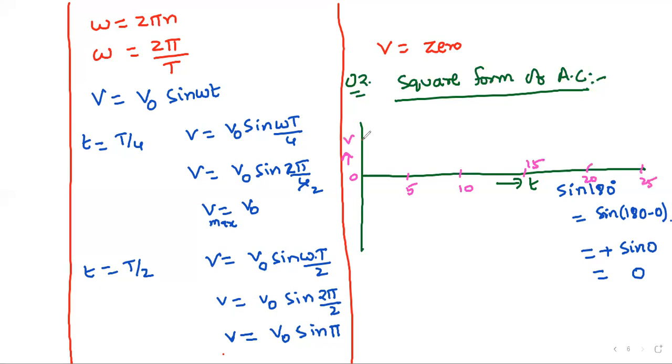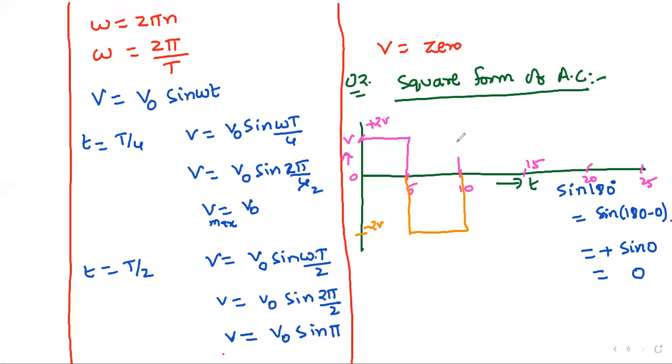From 0 to 5 seconds, we are having a voltage, let us consider it as plus 2 volt. And from 5 seconds to 10 seconds, it is minus 2 volt. It is not necessary that every time it must be 0; it can change periodically. It can have any value.